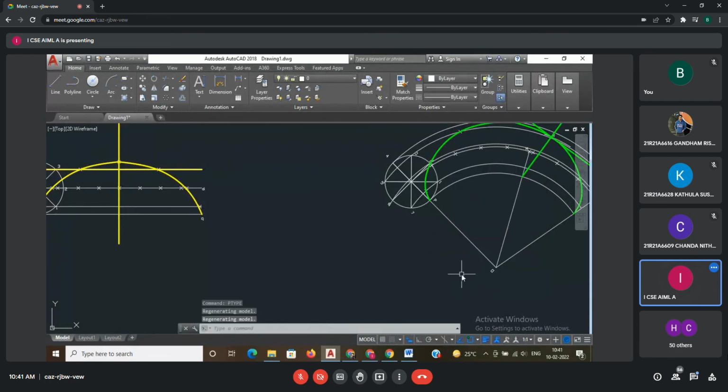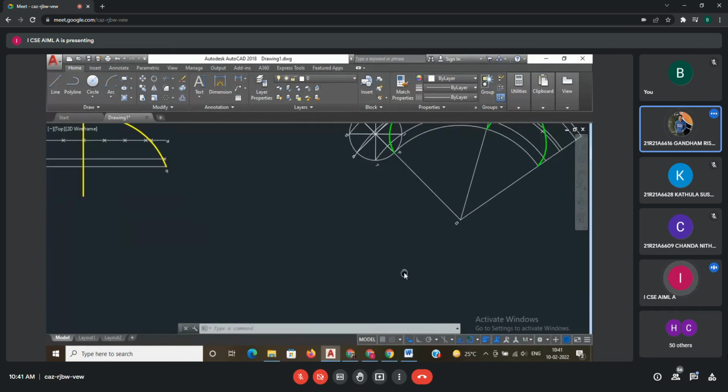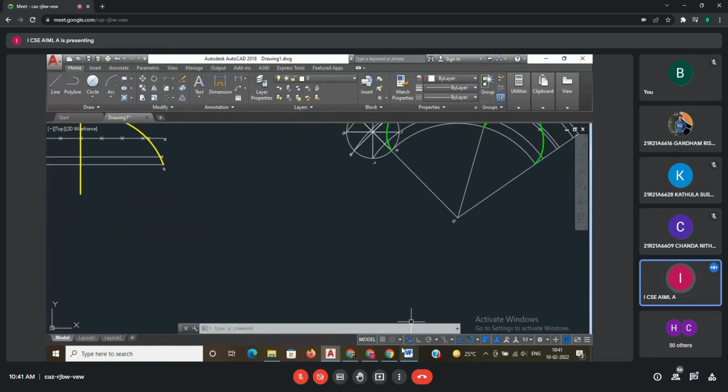Okay, regarding the length not appearing when drawing a line: if you see the status bar at the bottom, above this word file, I have one icon.